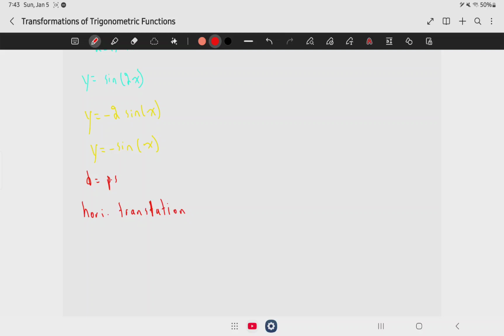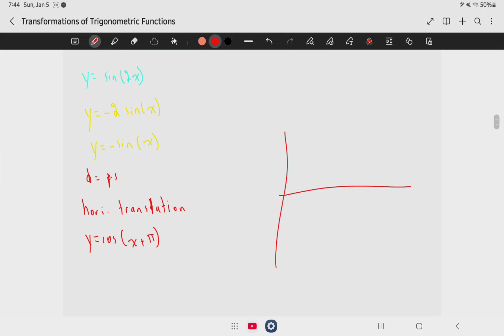So assuming we had a function y is equal to the cos of, let's just say, x plus pi. What this would mean is, if we graphed our base cos function, the plus pi means it shifts to the left by pi.